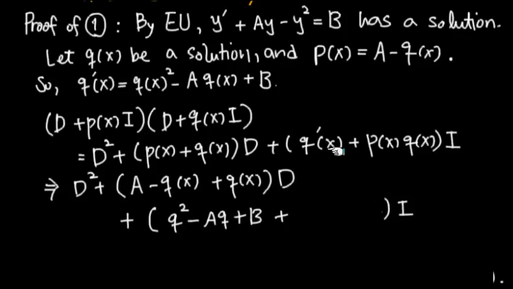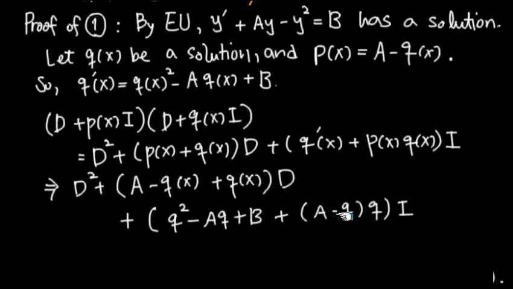And for that q prime of x, we found q prime of x in a different version using this differential equation. That place is replaced by q squared minus a q plus b. We rewrite p(x) with a minus q(x), and everything is in terms of q, a, and b.